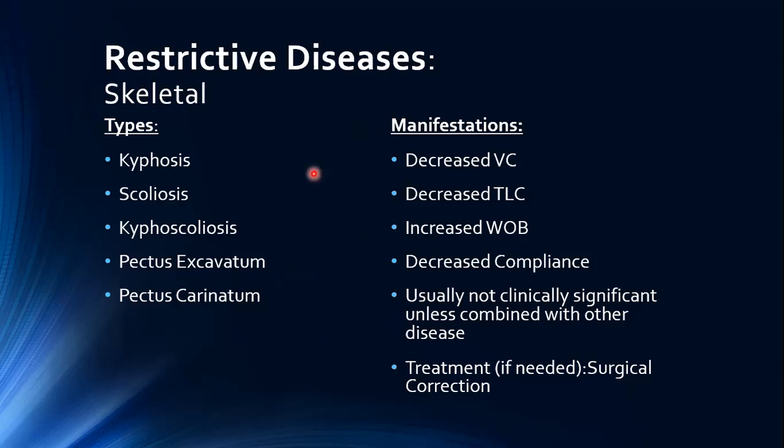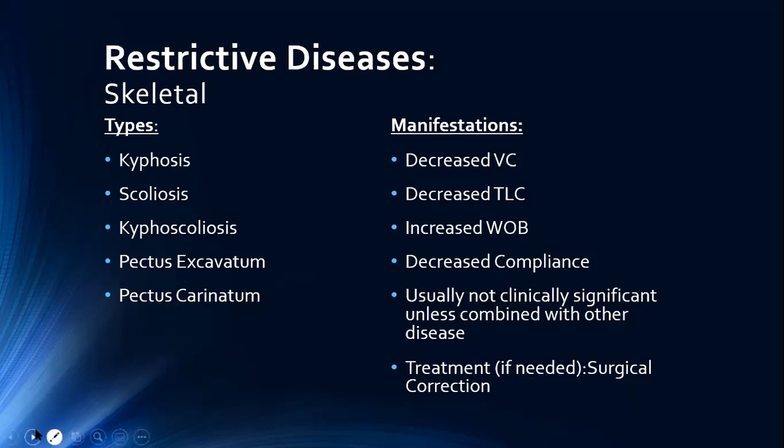So remember, restrictive diseases are synonymous with a decrease in compliance, and obstructive diseases are indicative of higher compliance, right? They're usually not clinically significant unless combined with other diseases. Treatment if needed, and you can also do surgical correction. So our skeletal diseases can be corrected with surgery if needed.